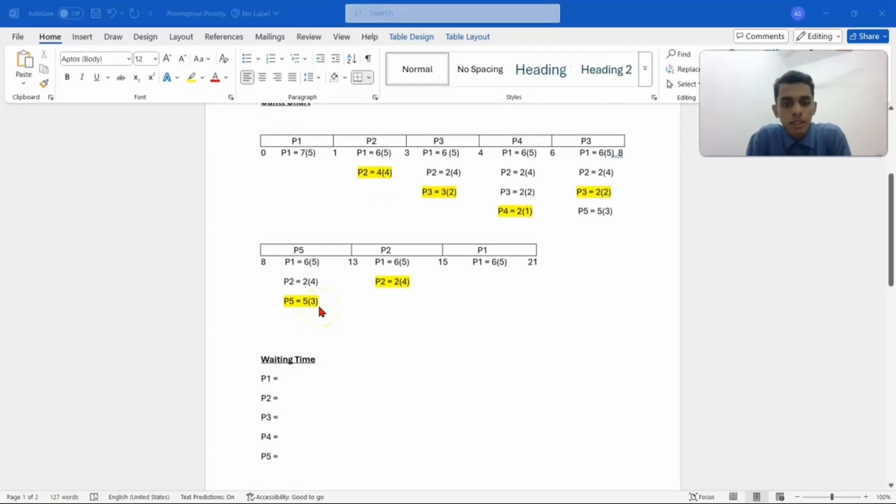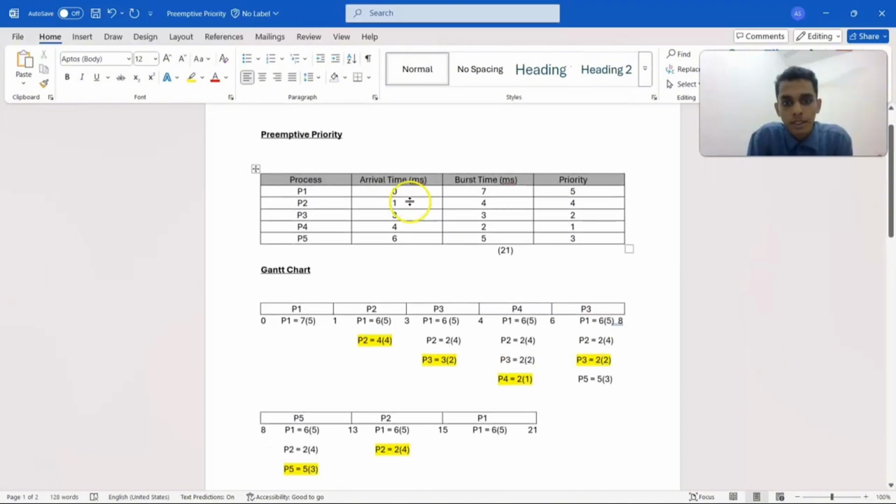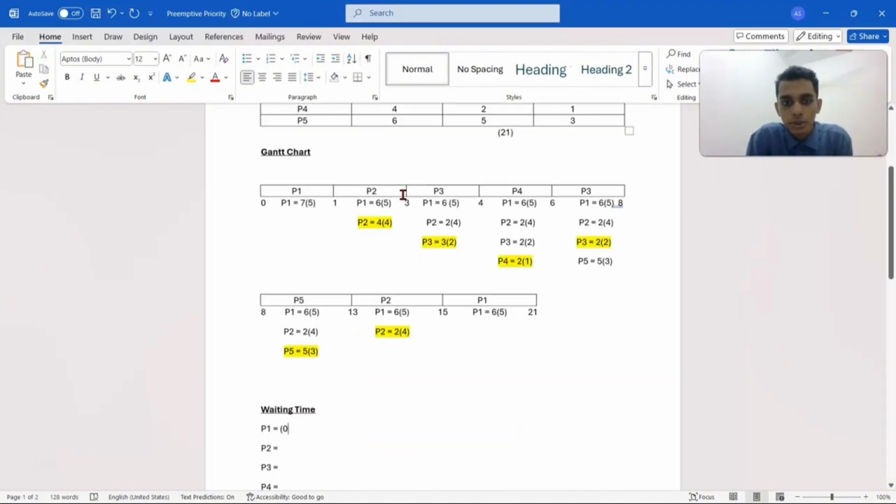And to calculate the waiting time, for P1 for example, there are two different times it ran. So the formula to calculate that is, first we must determine the response time in the Gantt chart, and we'll have to minus it by the arrival time in the table here, which is 0.